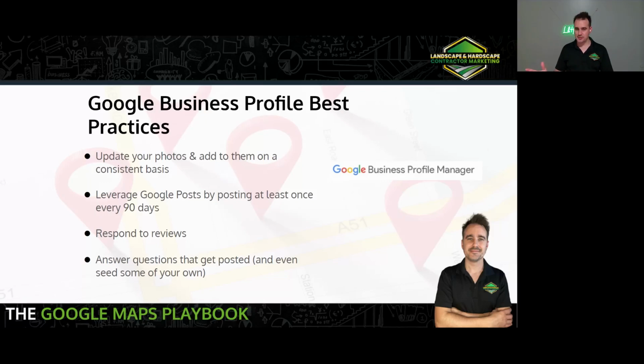So make a habit with your team to schedule out those photos and put them on. Now, Google business profiles have a specific section called Google Posts. You can put offers there, you can link to services on your website. You should be posting, I mean, this says 90 days, but really now you should be wanting to post something at least every week there with original content, photos of your work.